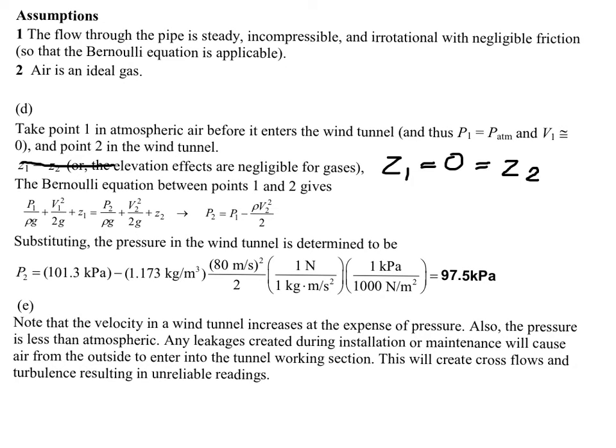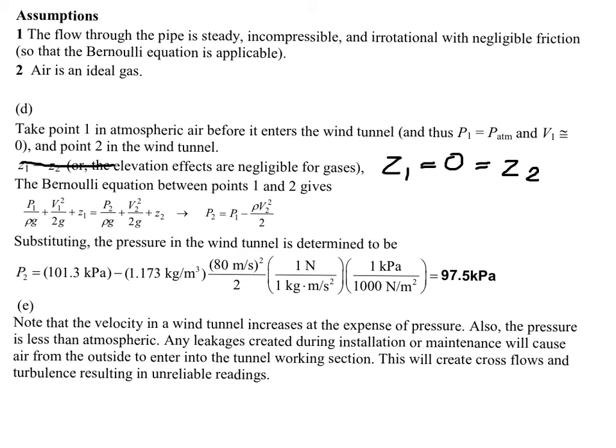What we have to find is given the velocity at the working section of 80 meters per second. Substituting appropriate values, density and pressure 1, we get a pressure, interestingly, less than atmospheric, which is 97.5 kilopascals.